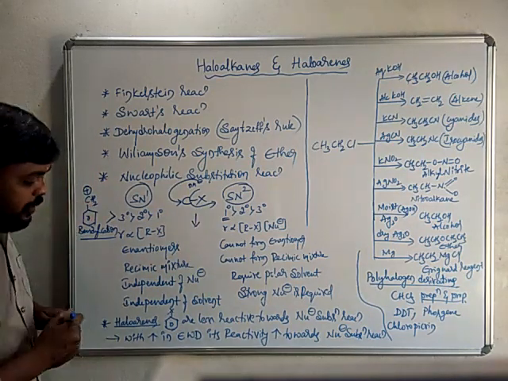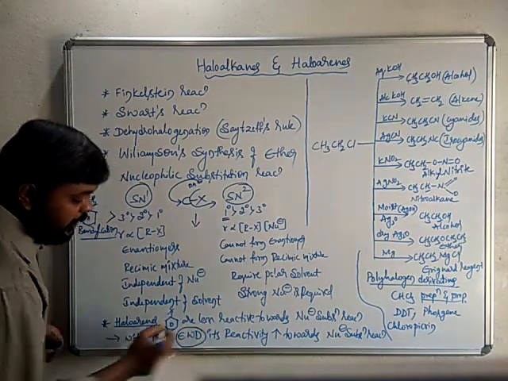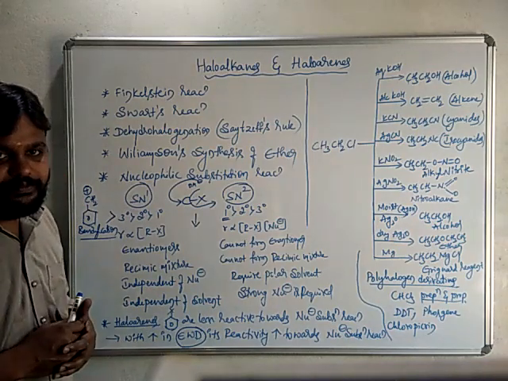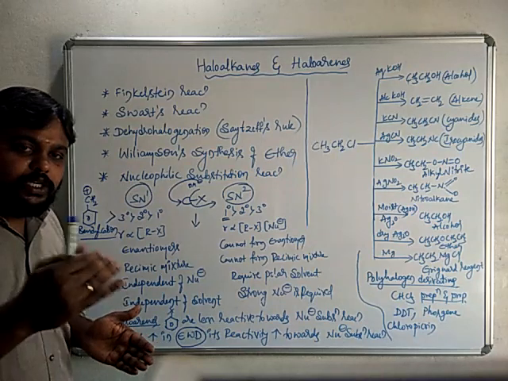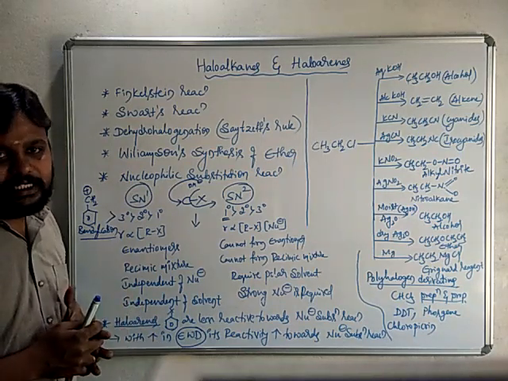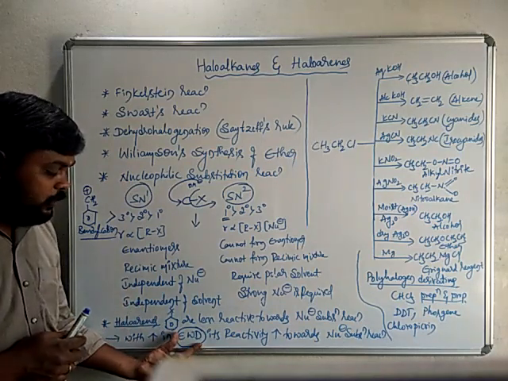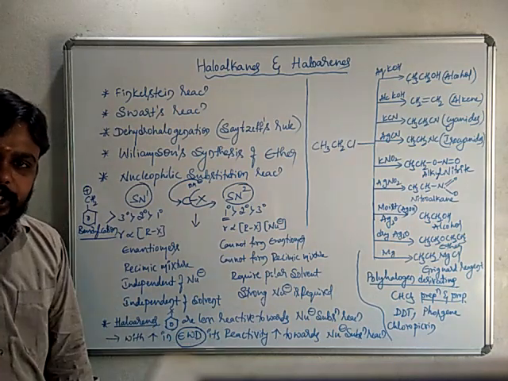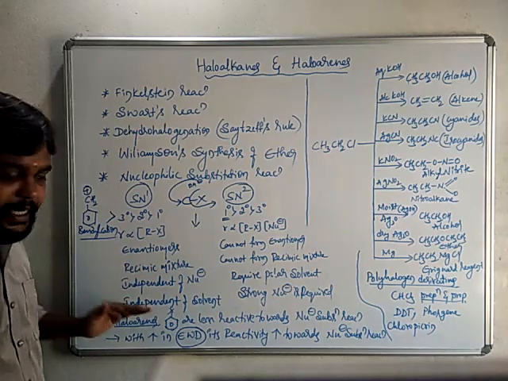An example of an electron withdrawing group is the NO2 group. If we go on increasing the NO2 groups on the haloarenes, the reactivity towards nucleophilic substitution reaction increases.